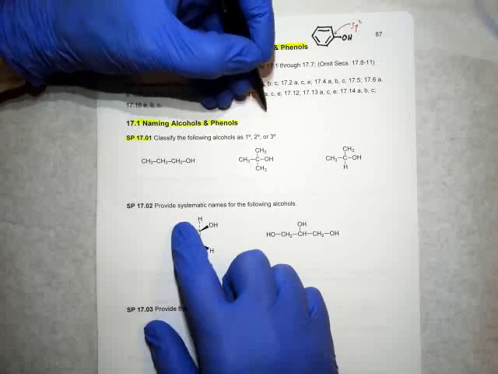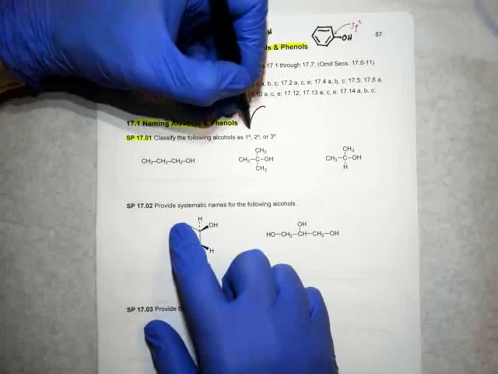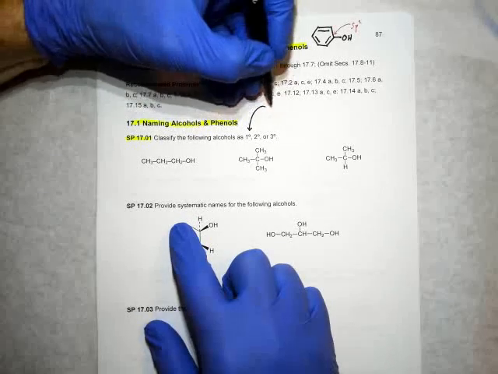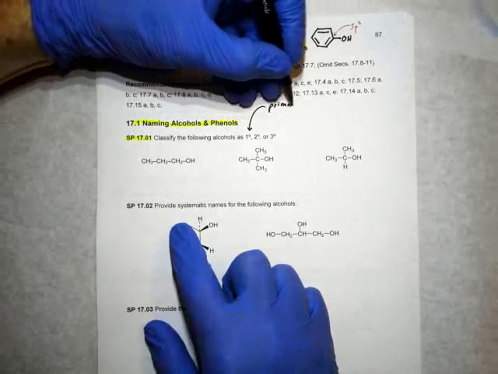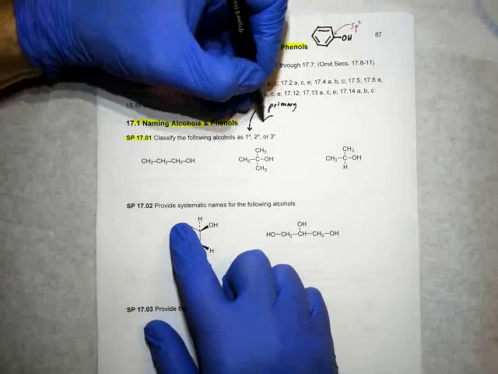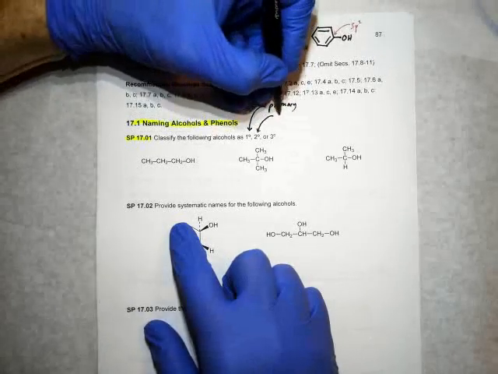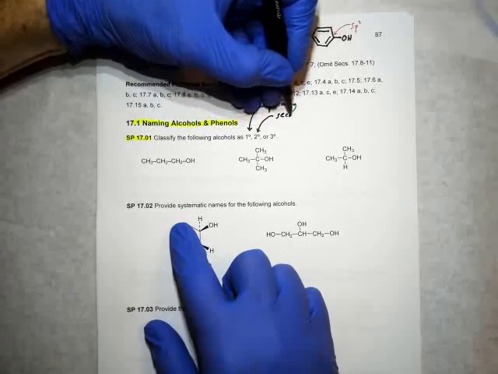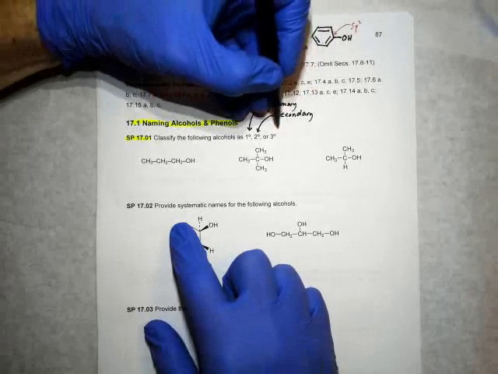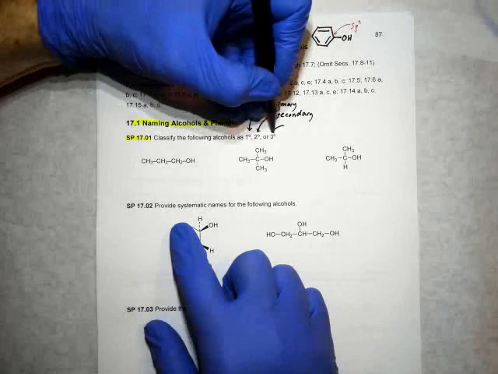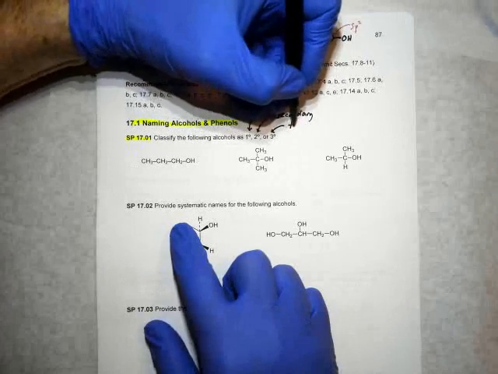Let's remind ourselves what that means. 1 with the degree sign, again, is read primary. 2 with the degree sign is read secondary. And of course, 3 with the degree sign is read tertiary.